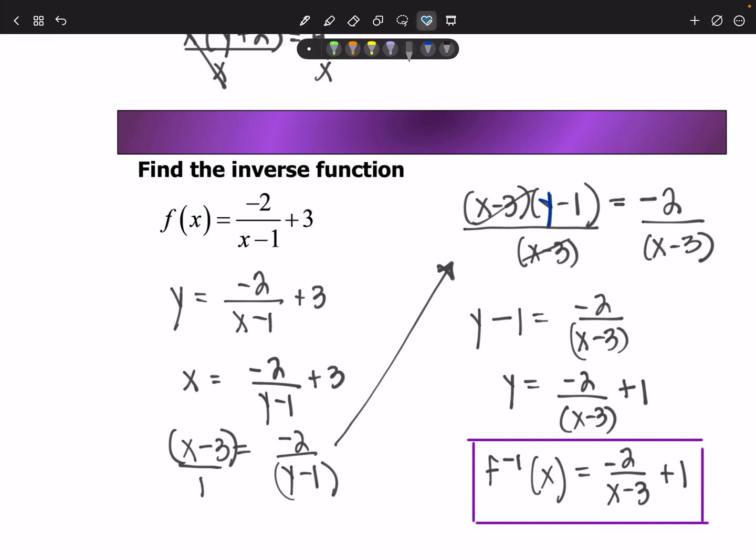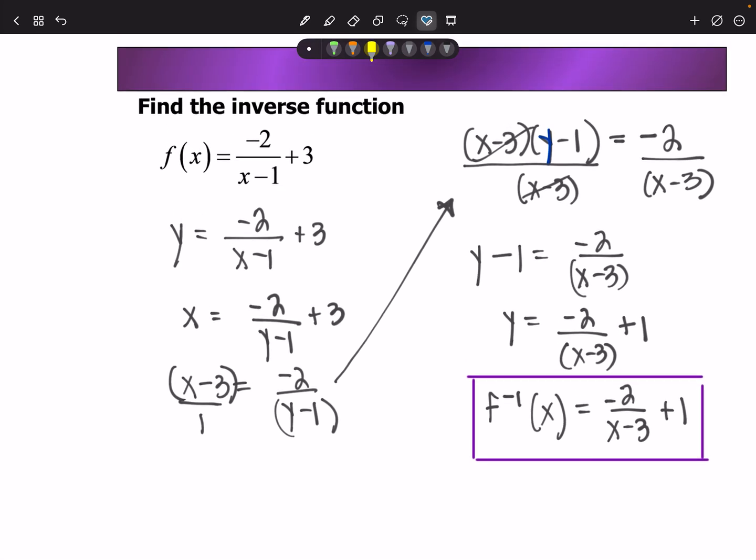So once we got here, we isolate the term that has the y in it. So once we flipped the x's and y's, so here we flip the x and y. And now in this one, we need to isolate the fraction that has a y in it.